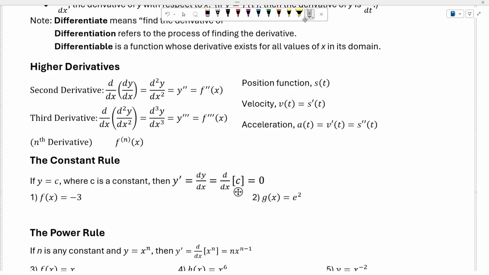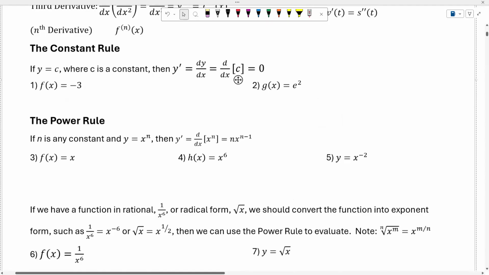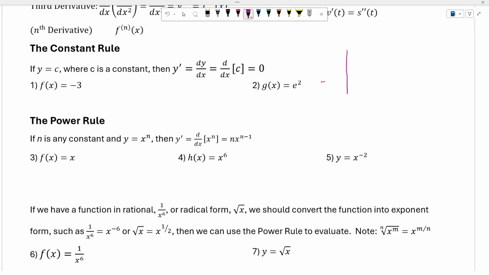Okay, now let us look at a couple of rules that relate to the derivative. If y equals c, where c is a constant, then what is y prime? If you remember, if we have a constant, it means that we have a horizontal line.